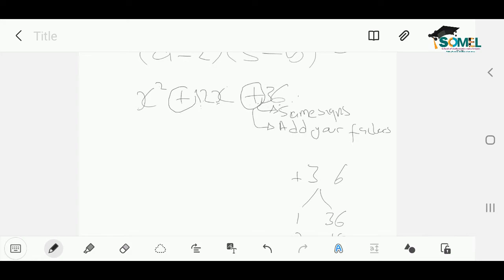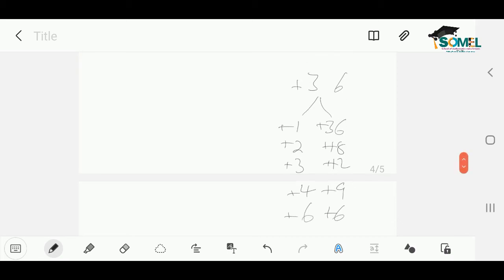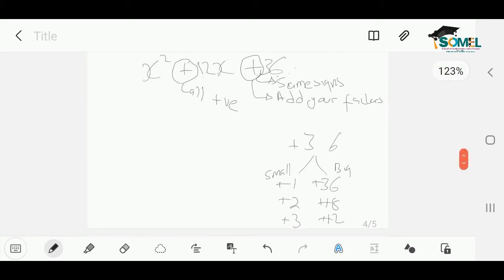If this is positive, it means all factors must be positive, so you put positive everywhere here. And if you notice, on this side I put small factors, on this side big factors. Now we have the middle term of 12.